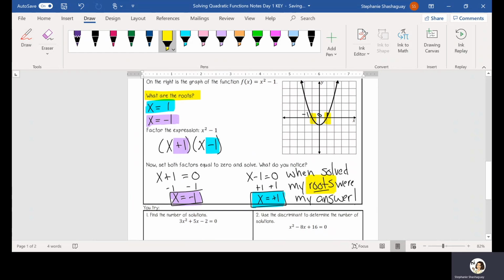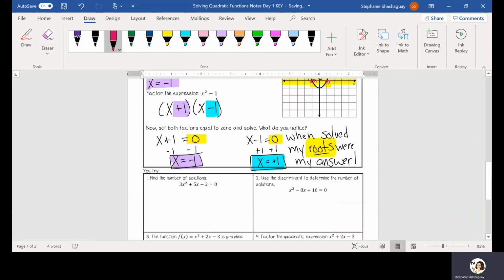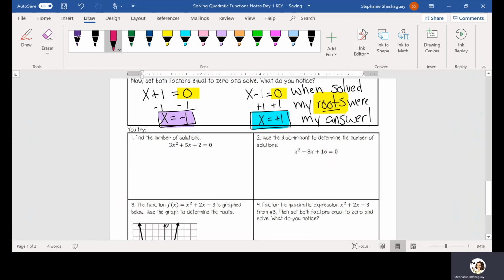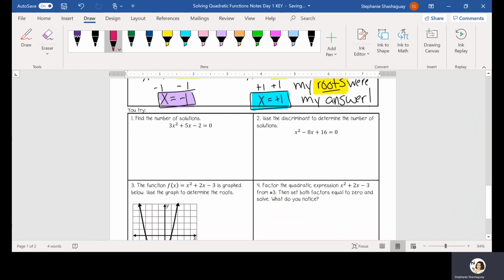That's because our roots are the same thing as our solutions. They're the same thing as our zeros. They're the same thing as our x-intercepts, because all of these points are telling us the same thing. Okay, so now we're going to try 2 more, and then you're going to do 3 and 4 on your own.